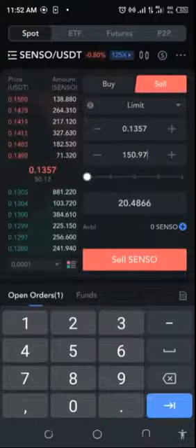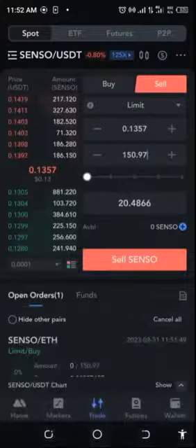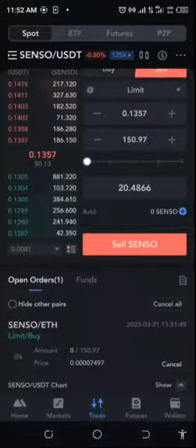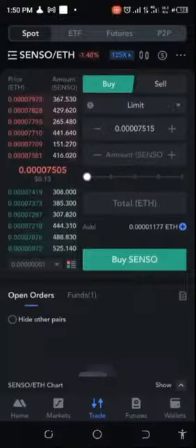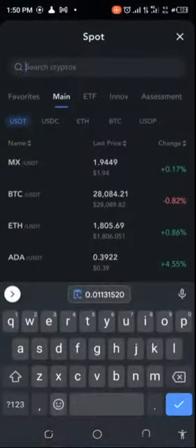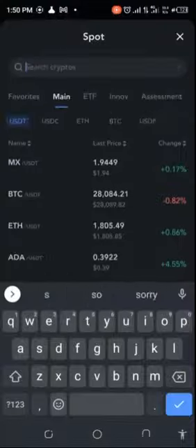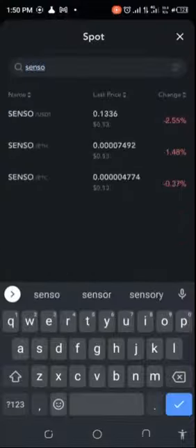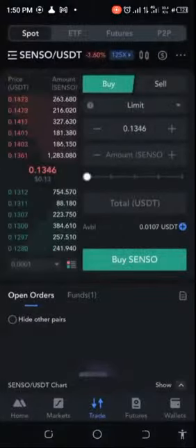Let's try and see. All right then, I'll come back with the results. Let's hope this doesn't take too long, okay? Okay, so I'm back and it has already bought the Senso ETH, but I'm seeing something here. That Senso USDT is looking like it's really going low.